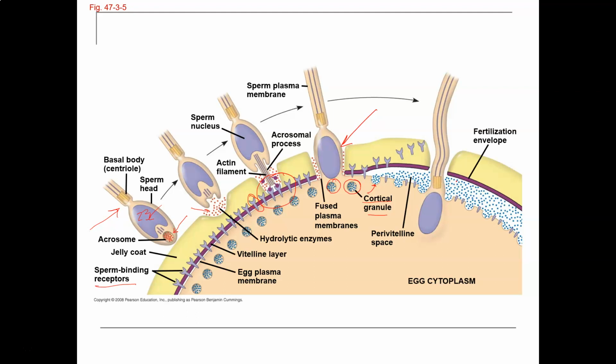And so now we have calcium ions out here, and that also deters additional sperm from fusing with the egg. So those are the two blocks to polyspermy.